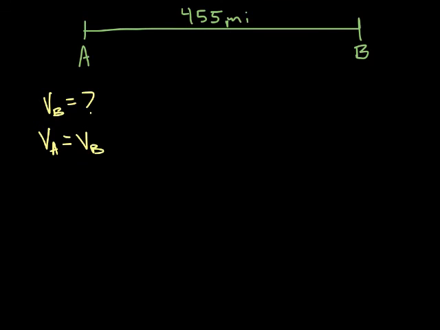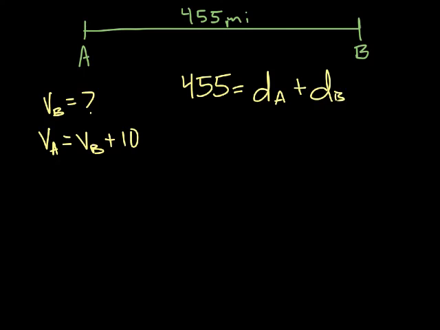Good, 10 miles per hour. So we know that its speed's going to be whatever the B speed was plus 10. And then we know that the two distances together are going to add up to the 455. So however far car A travels and however far car B travels, it's going to add up to 455 because that's how far apart they start.